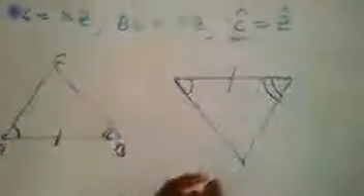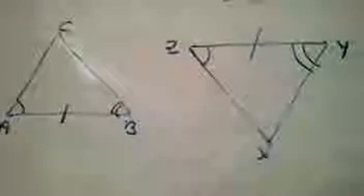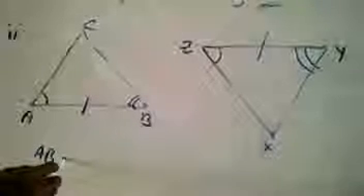So we'll call this A, B, C, call this X, Y, Z, meaning that side AB should be equal to YZ in this other triangle, and the angle A here should be equal to angle Z, while angle B here should be equal to angle Y here. If this condition is met, we say that this triangle is congruent.